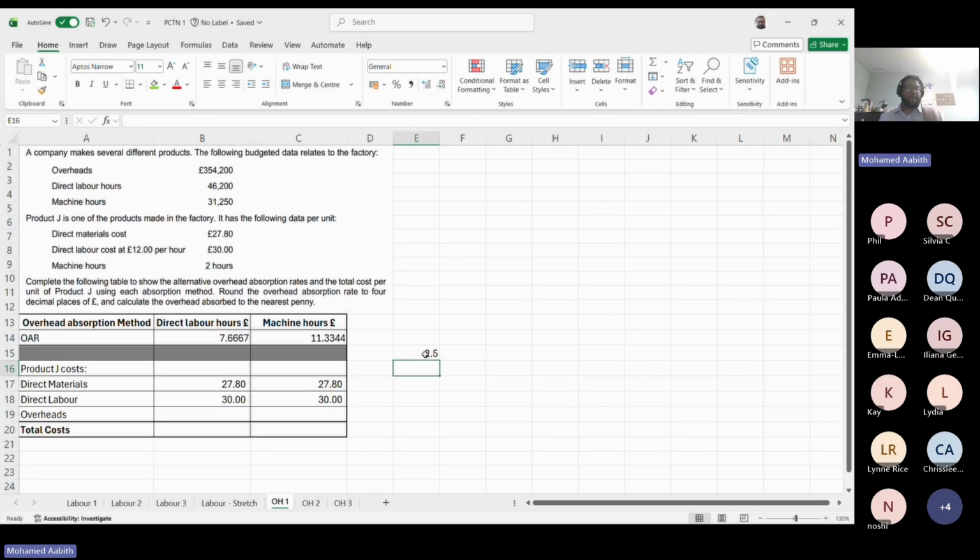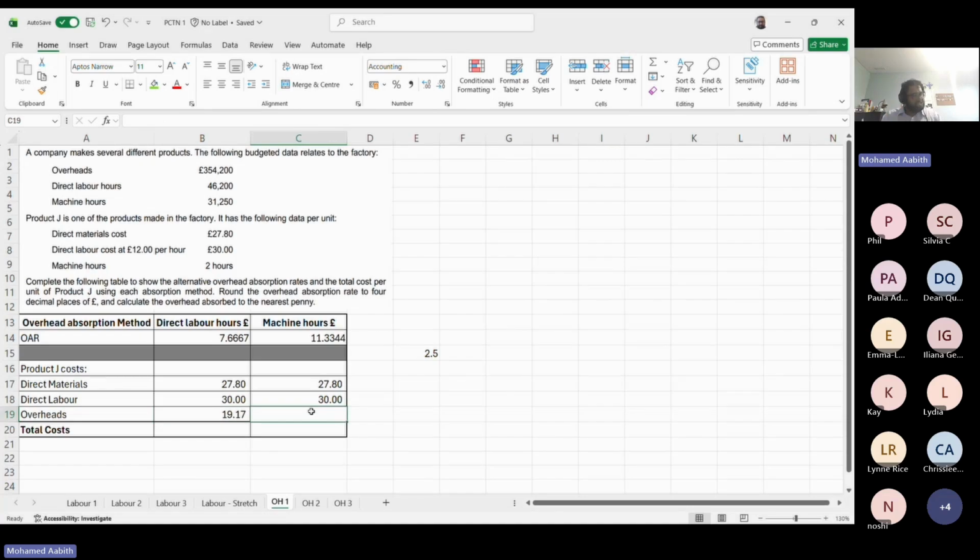So how much overheads am I going to absorb if I use 2.5 hours? I'm going to use that here, that times the 2.5. That gives me £19.17 to 2 decimals. You guys got that now? So that is the overheads I absorbed using the direct labor hour.